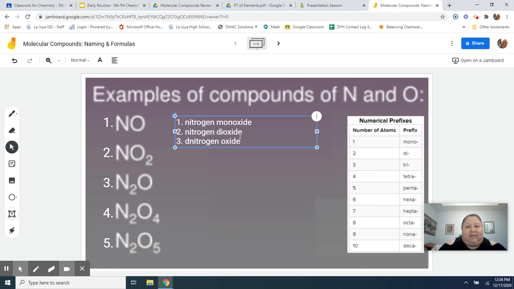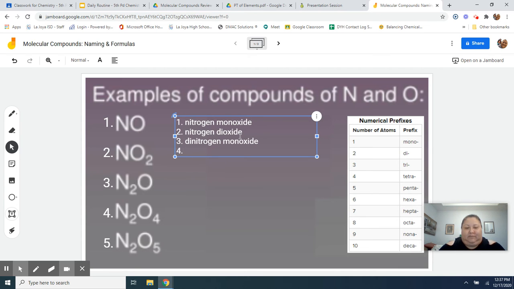Dinitrogen. Very good, Oscar. Dinitrogen. Okay, what about O? What's the prefix that I'm going to use for O? What would be the name of O for number 3? Monoxide. Very good, sir. Monoxide. My final answer, dinitrogen monoxide.